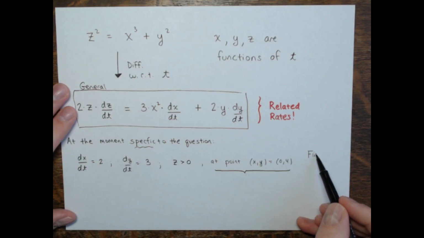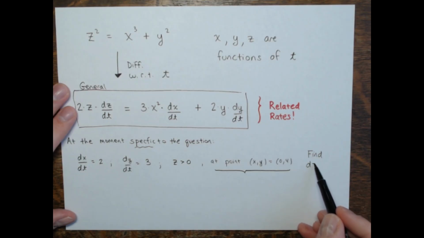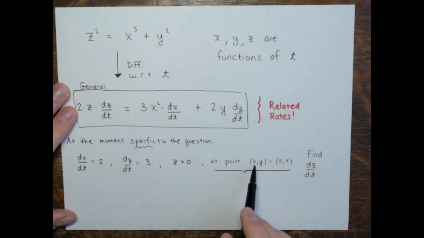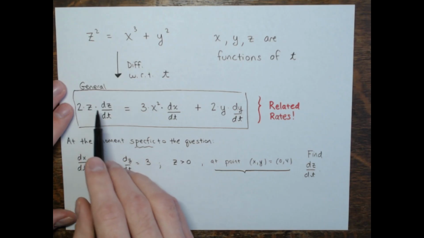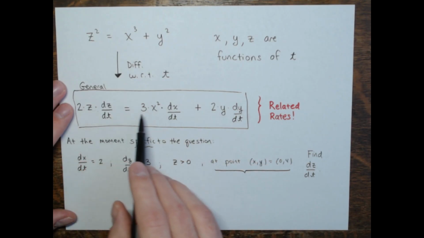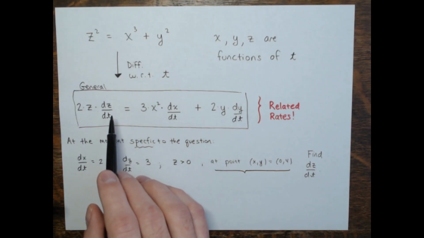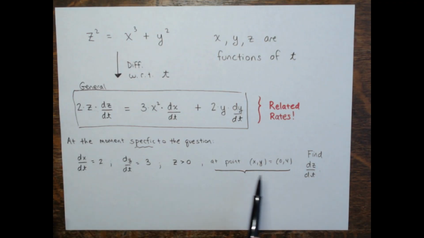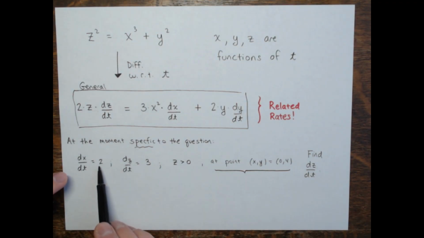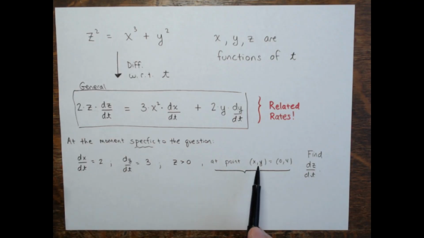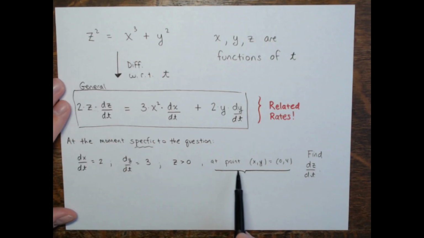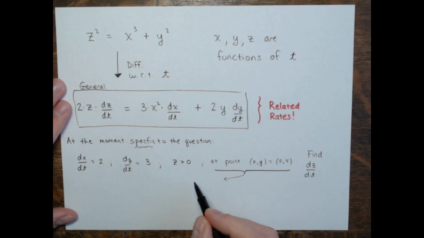They said find that z prime or dz dt at this moment. So again, we have x, we have y. There are 6 unknowns in this related rate equation: x, y, z, x prime, y prime, and z prime. Right now we have 4 of them. X prime is 2, y prime is 3, x is 0, y is 4. And again, we can use this 0, 4 to find z.